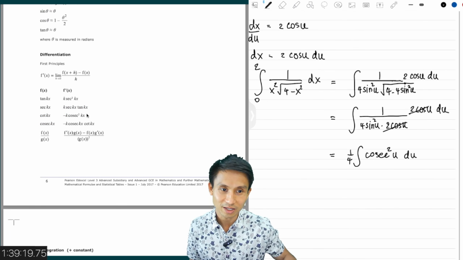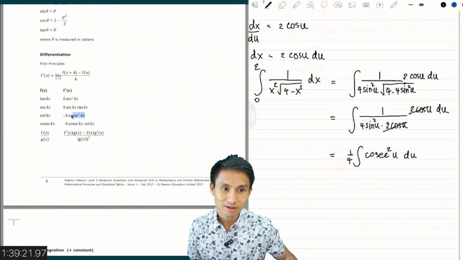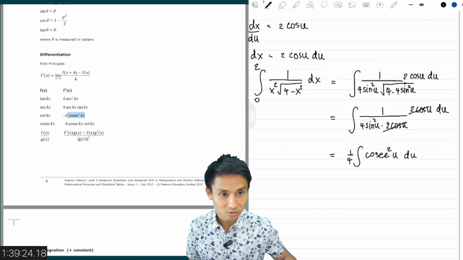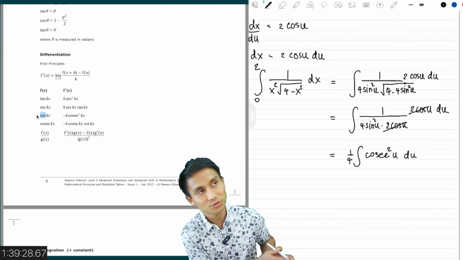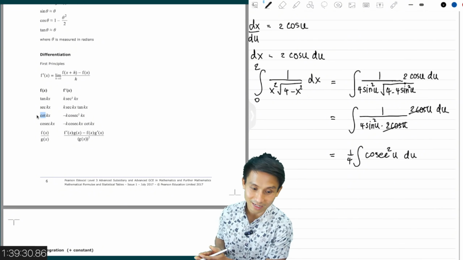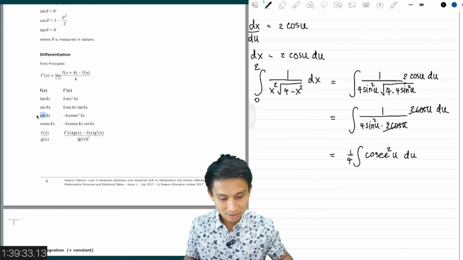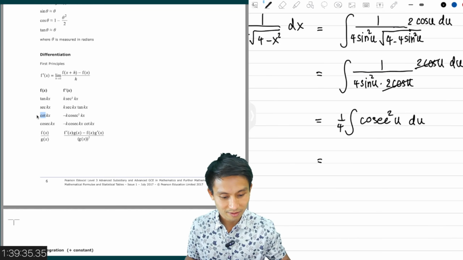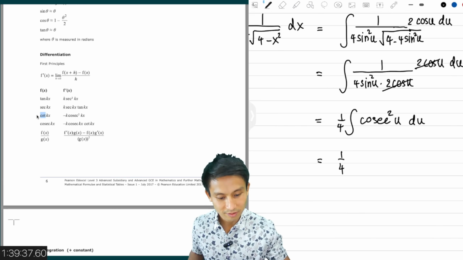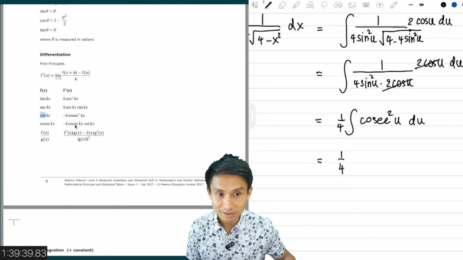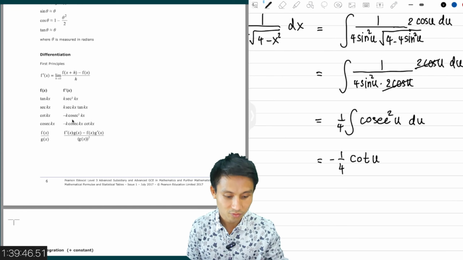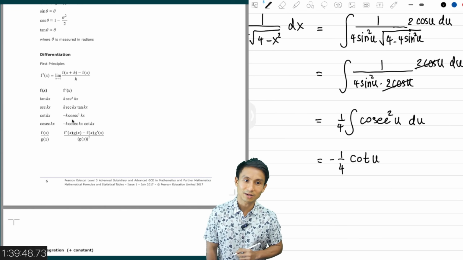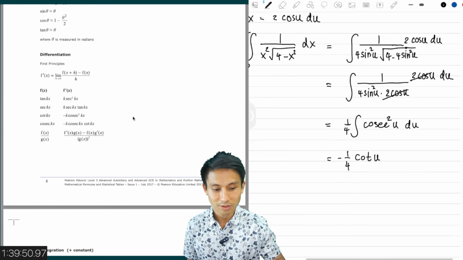So it means that if we integrate cosec squared, we should get a cot, because it's the same as if we differentiate tan, we get sec squared, so if we integrate sec squared, we get a tan. So this is basically 1 over 4. Because there is also a minus here, so it's a minus. And then here would be a cot u. All right, is that okay? But we don't forget about the bounds.